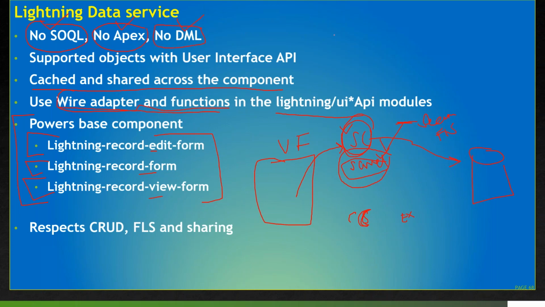The condition is that the object should be supported by the user interface API. Whenever you use LDS, it is like a Visualforce page using a standard controller; it is the same context in the Lightning component or Lightning web component.